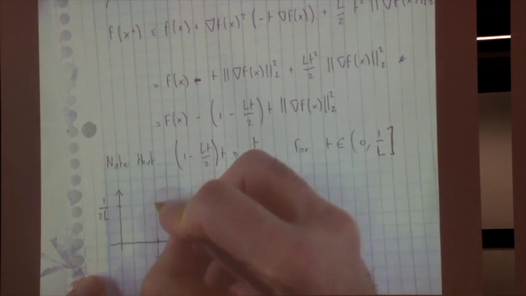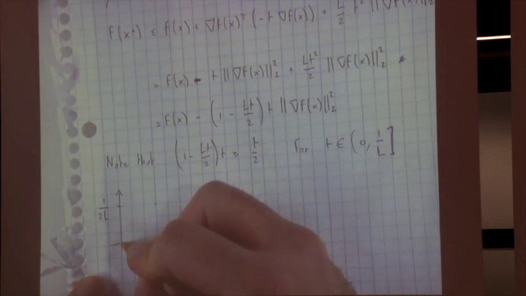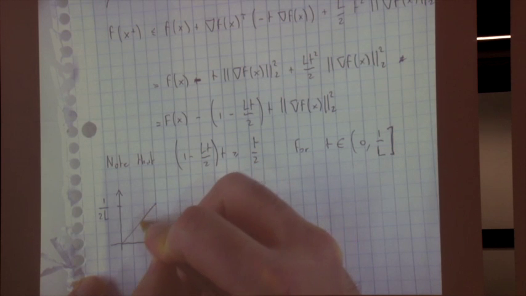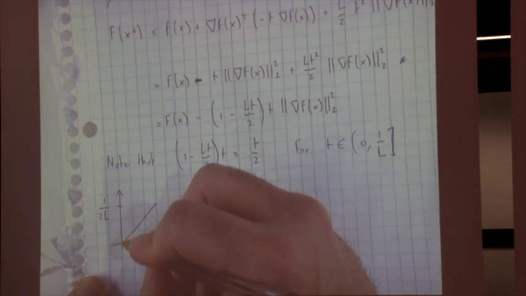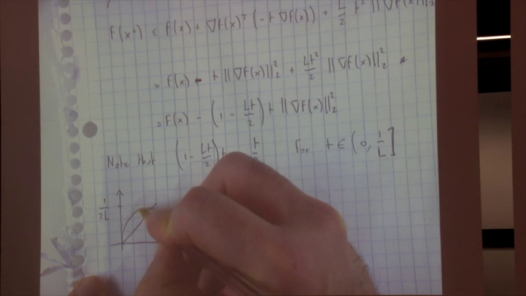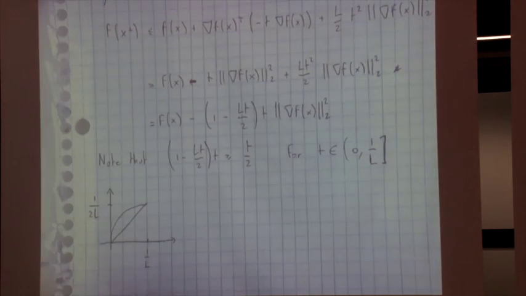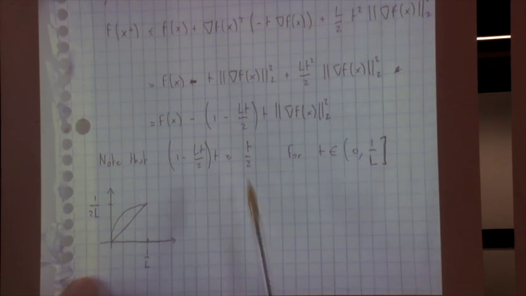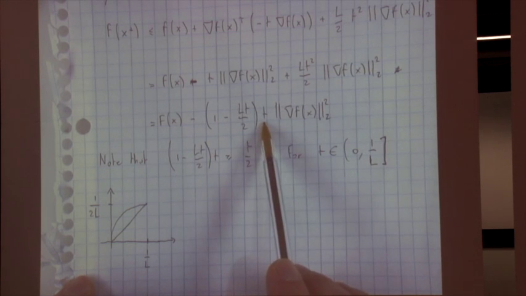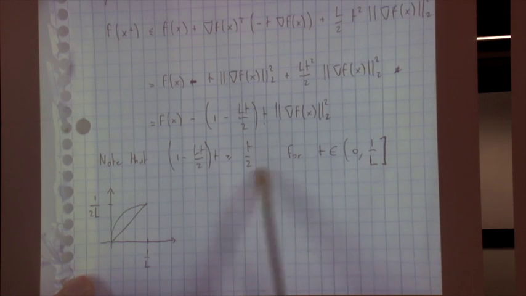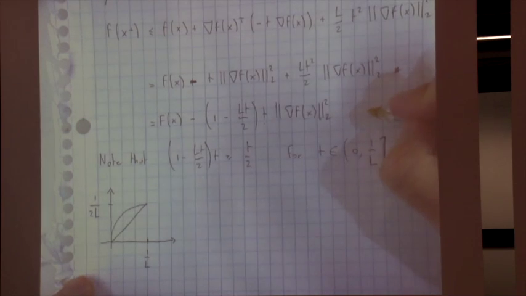This is the line t divided by 2, and this is your quadratic function of t, which looks like that. So when I'm subtracting 1 minus L t divided by 2 times t, I'm subtracting more than t divided by 2, so I can bound this. Let me put an asterisk here.